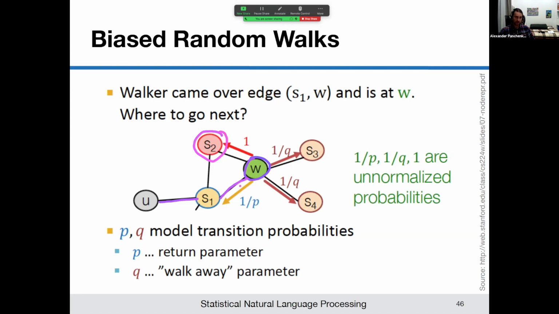While not going back directly, you can go back in 2 steps to the same node. So that's why this node has this one probability. And then if Q is very small, then the probability of going into a completely unknown part of the graph will be high.